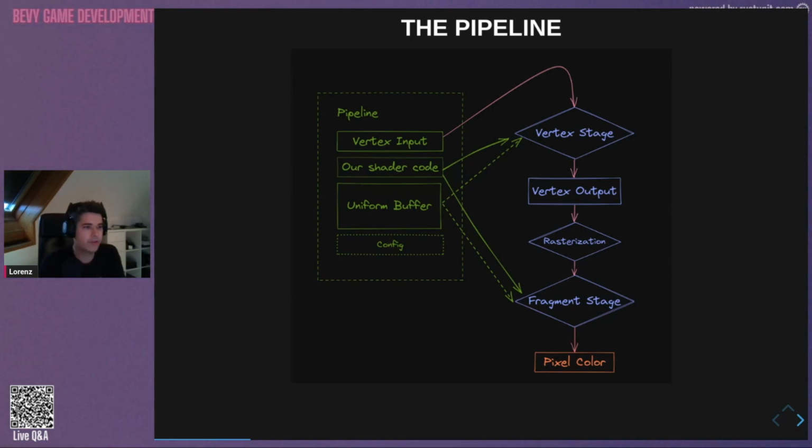We first start with the vertex input, which usually consists of our instance data, our vertex data, and our index data, and everything else we want to bind per index or per instance, followed by the interpretation in the form of the shader code, and then our superglobals that are accessible to each stage if we define so. These are called the uniform buffers. Usually there go our textures. And finally, the whole configuration part, how the GPU should interpret this data.